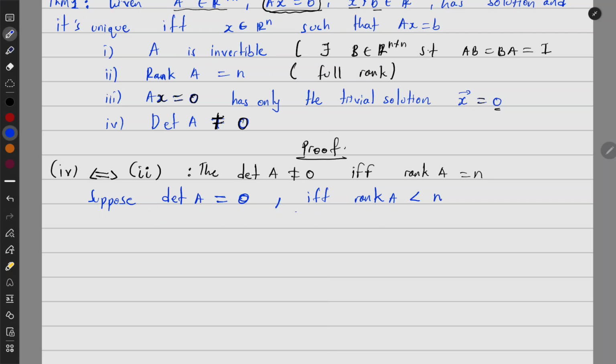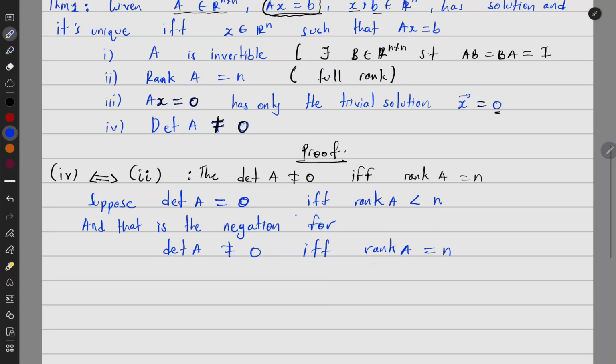And when you look at this, this is the negation for the determinant of A not being equal to 0 if and only if the rank of A is equal to n.